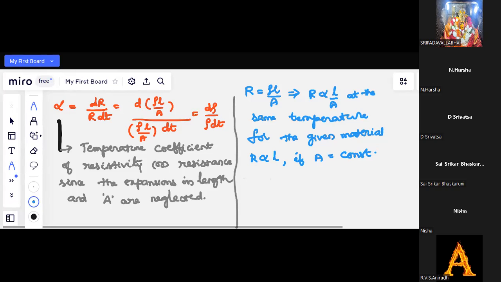This is one wire of length L. Its resistance is R. It is cut into, suppose, 2 equal parts. Then the resistance of each part.